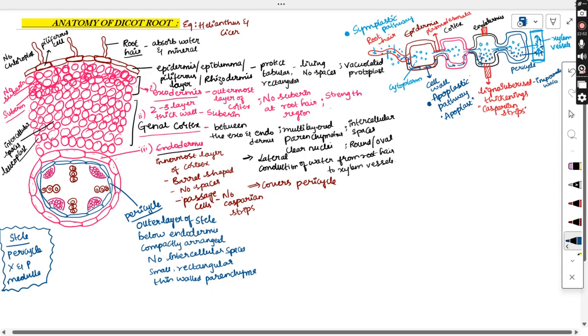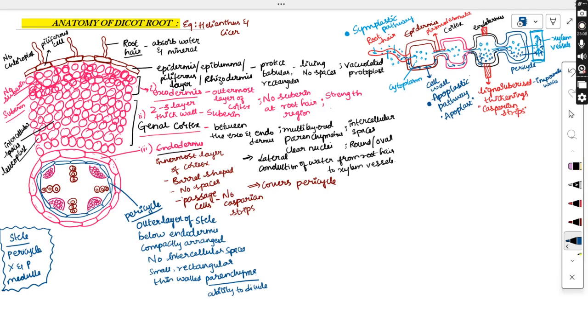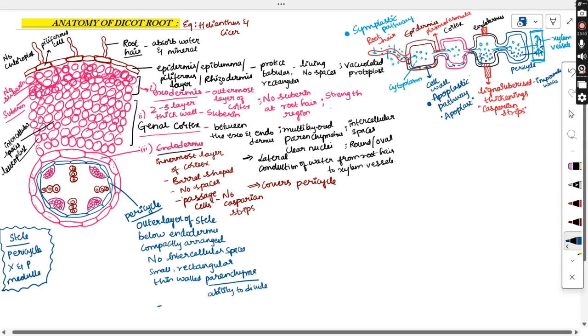These parenchyma cells of the pericycle region have the ability to divide. We'll be discussing how the pericycle is useful for the secondary growth of the plant. This is only the structure. It will give rise to the lateral roots. We have discussed the regions of the root and the root systems.